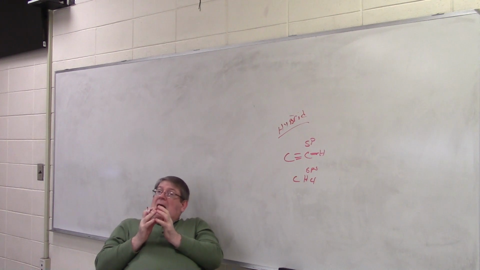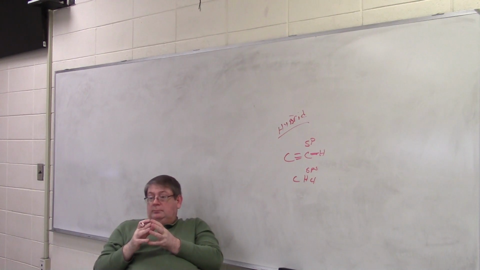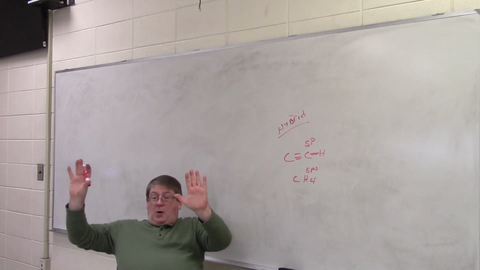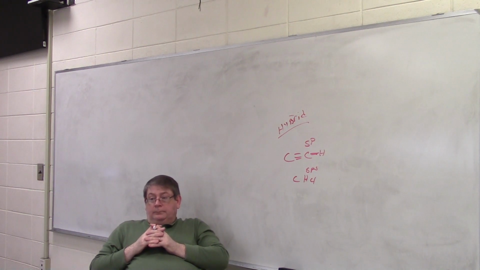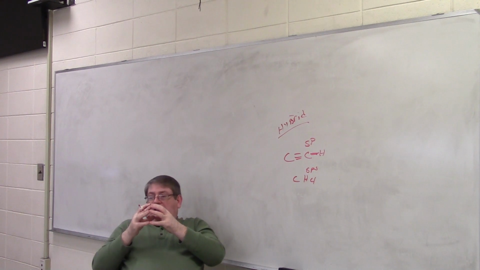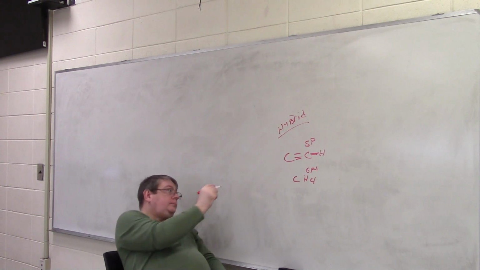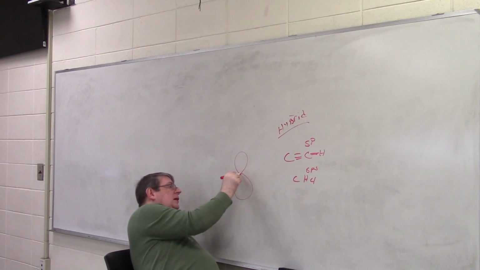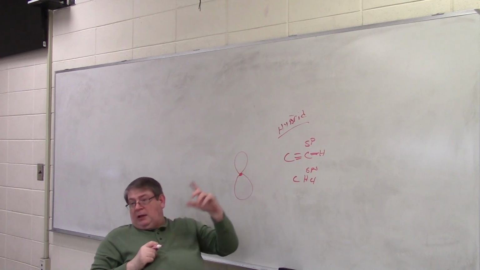An sp3 hybridized orbital looks a lot more like a p orbital than it does an s orbital. It has 1 part s character and 3 parts p character. Okay? Can a p orbital get the electrons close to the nucleus? No. Because a p orbital, remember, looks like this, and there's the nucleus where there's 0 chance of having an electron in the p orbital.